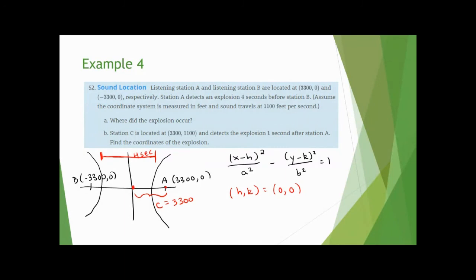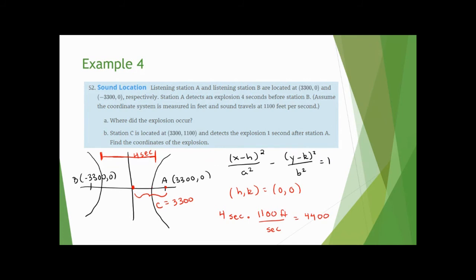And so the distance between those two vertices, which we don't know, is the distance that it goes in 4 seconds. If it takes 4 seconds, and we know that sound travels at 1,100 feet per second, we're basically doing a unit conversion here, and this gives us that it is 4,400 feet between the vertices.